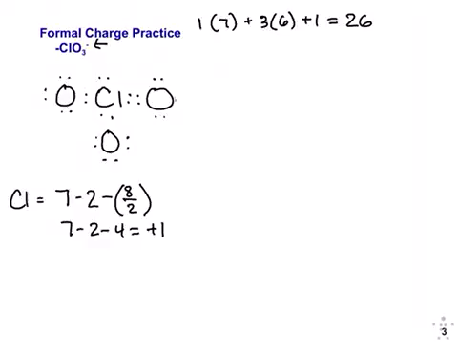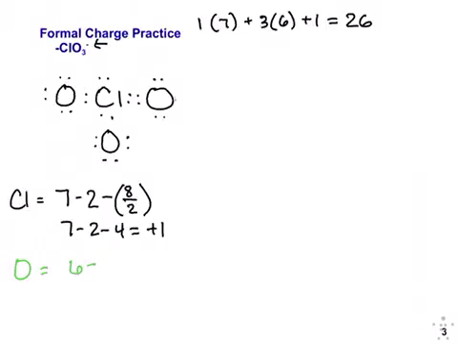But we should also check if that is good for this oxygen. I mean, if this oxygen has some crazy formal charge now, we should make sure that didn't totally screw up the oxygen. So looking at that oxygen's formal charge, oxygen generally has 6 valence electrons.